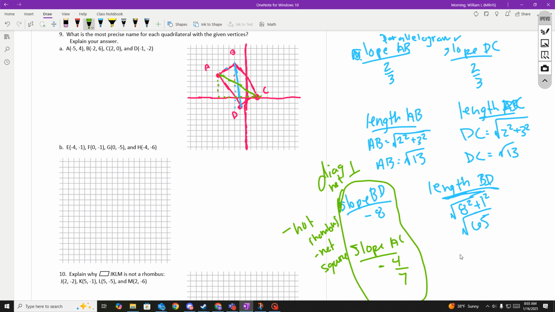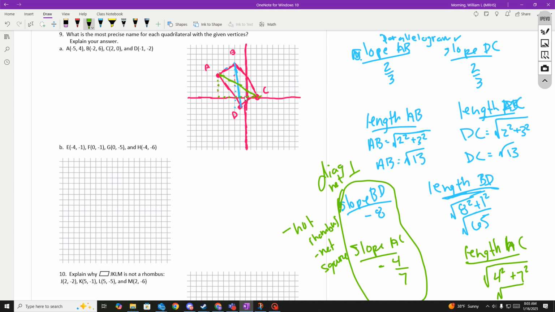Okay, let's do the length of AC. So the length of AC would be the square root of 4 squared plus 7 squared, because we're just going to use the rise over the run to do the same thing. You can use the formulas, and that's fine, but usually this is easier if you have a graph.